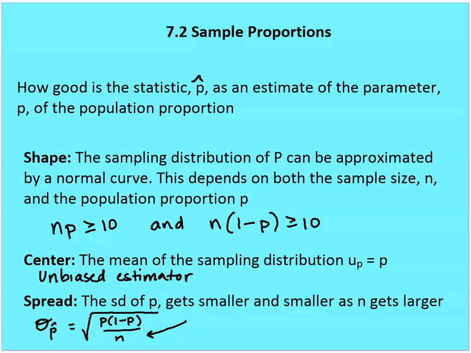We're going to go through this again, so don't worry if you're not getting this right now. But just as a review, we need to have some conditions met: shape, center, and spread. Shape for the normal curve: np and n times 1 minus p greater than or equal to 10. We're going to use the mean of the sampling distribution to represent an unbiased estimator of the population.